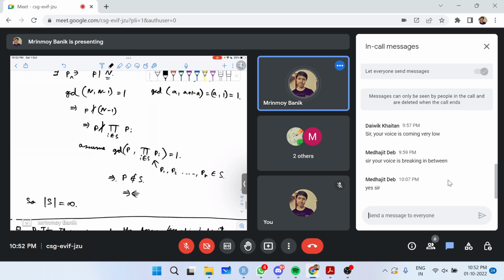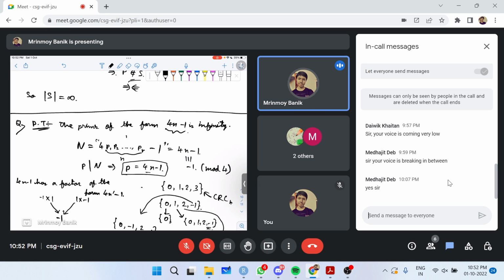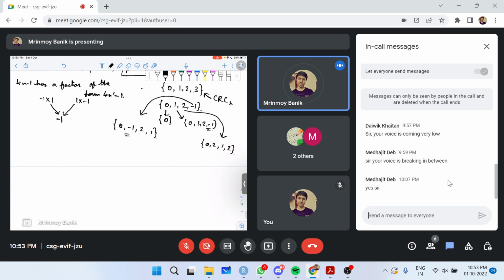The rest of the argument is the same as in here. And then we say p is not in the set, but p is a prime, and p is of the form 4n minus 1. So that's a contradiction, and the set of primes of the form 4n minus 1 is infinite.